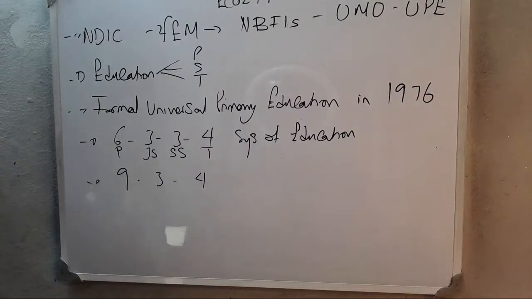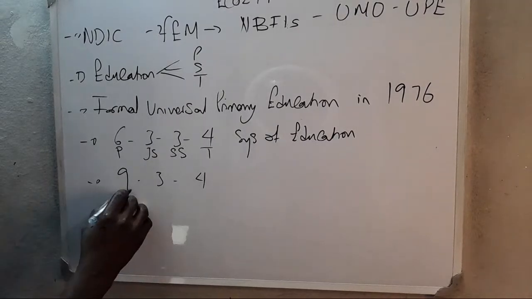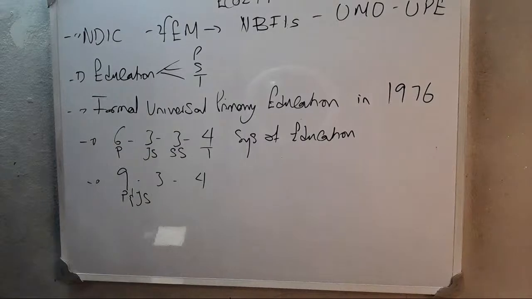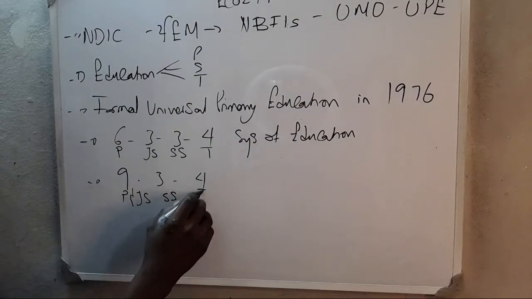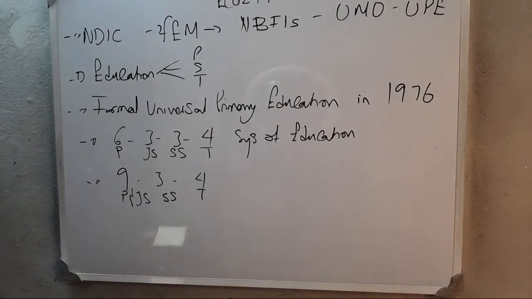In which case the primary and junior secondary school education is combined to make a compulsory 9-year education. Then we have the senior secondary, then we have the tertiary. So we have that as that. So now let's take a step further.